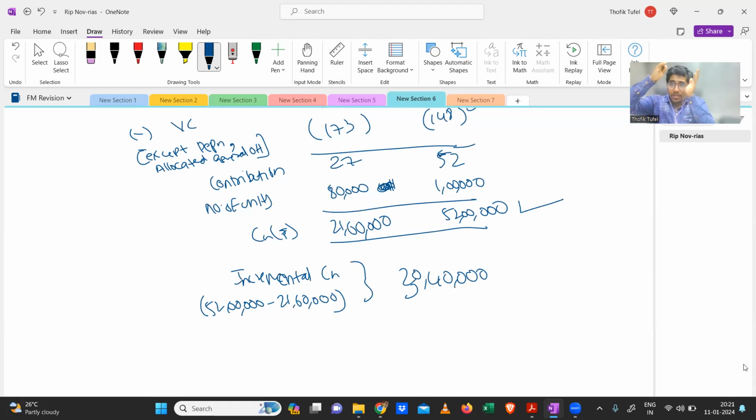Then calculate the total cash flows for the new machinery and find out one NPV. Then see which NPV is more, and take the decision accordingly. From existing machinery, what are the cash flows that I'm getting: initial, annual, and terminal. From new machinery, what are the cash flows: initial, and all this. And then you calculate the NPV.